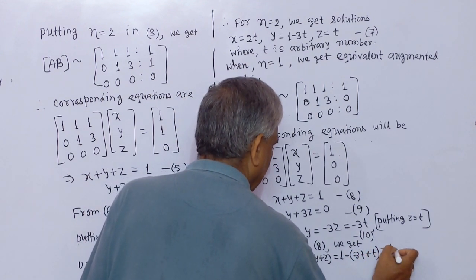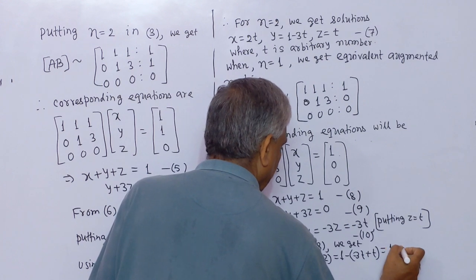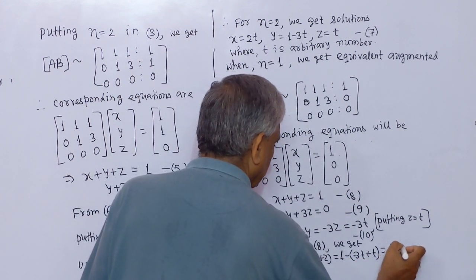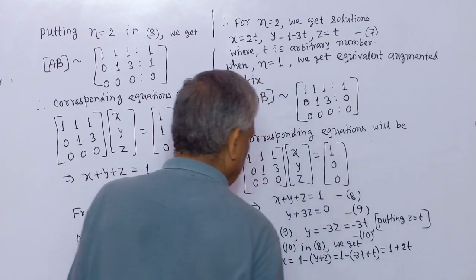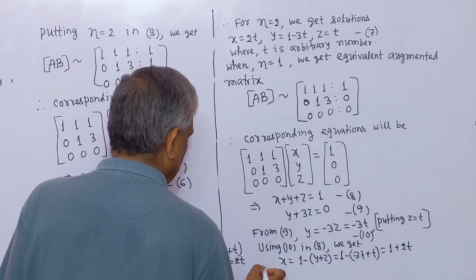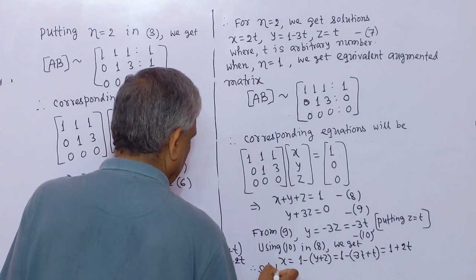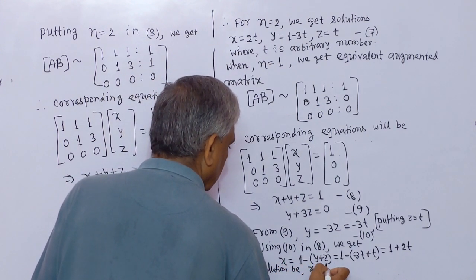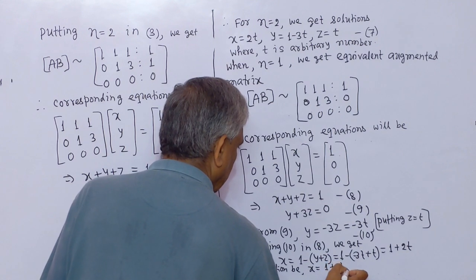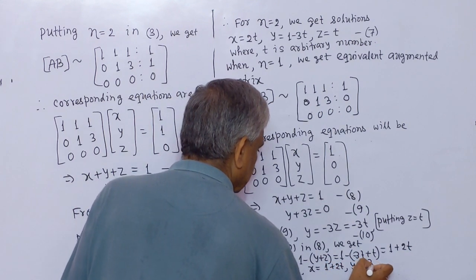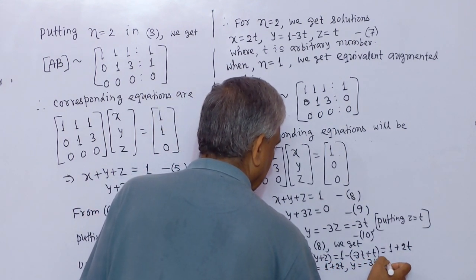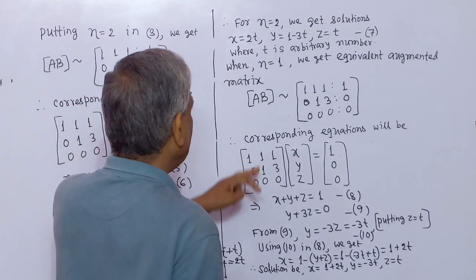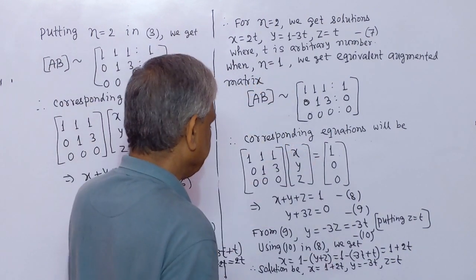This is 1 minus minus, plus 2t. Therefore the solution is x equal to 1 plus 2t, y equal to minus 3t, and z equal to t for eta equal to 1.